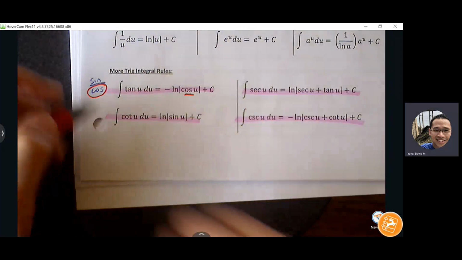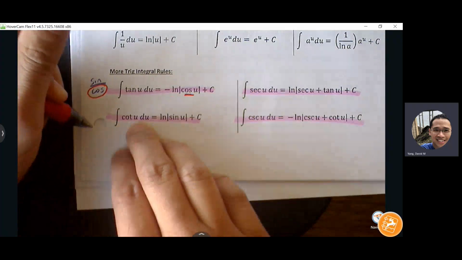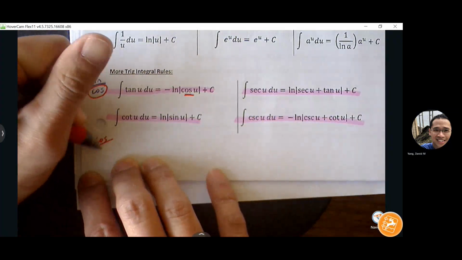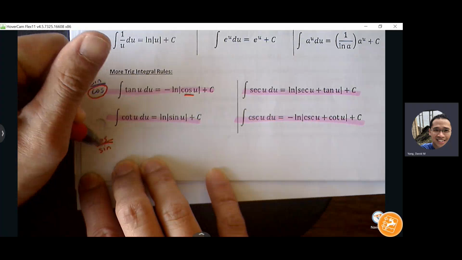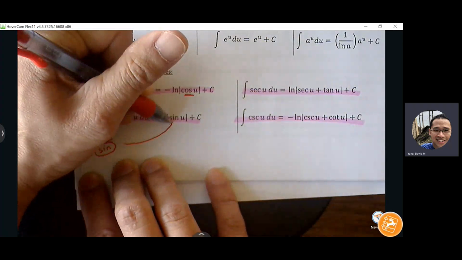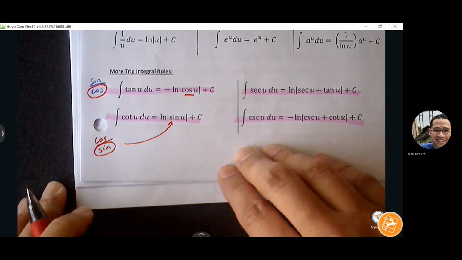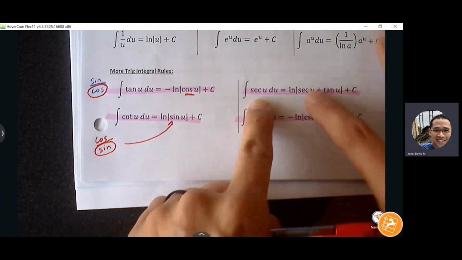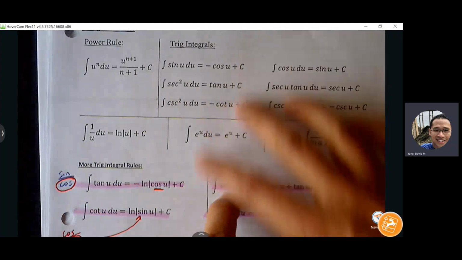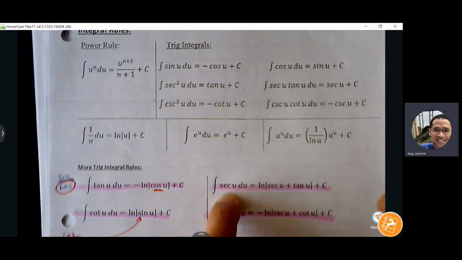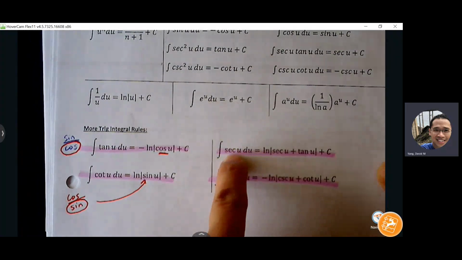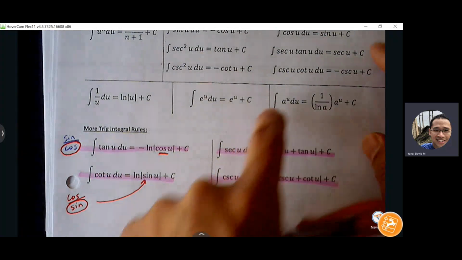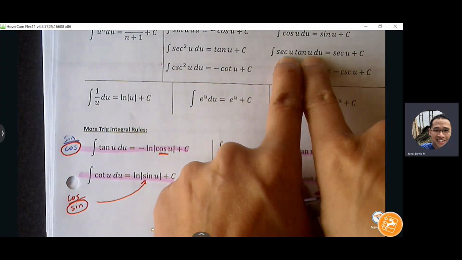And then cotangent is cosine over sine. And because sine is in the denominator, that's why it shows up in my natural log rule. And the way I remember secant is that, well, I know secant is not part of the original, so it has to be natural log. And I know that secant tends to have secant and tangent involved.